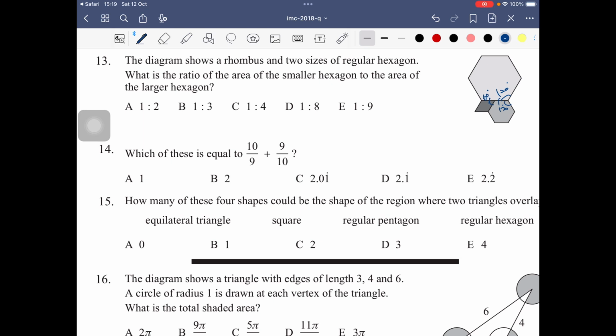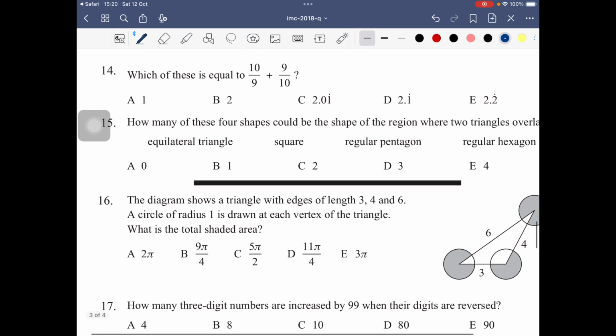Actually this is not about the angle. If this is x, then this could be x because a rhombus has all 4 sides equal, which means this is smaller and larger. The ratio of the length is 1 to 2, which means the area ratio is 1 to 4.